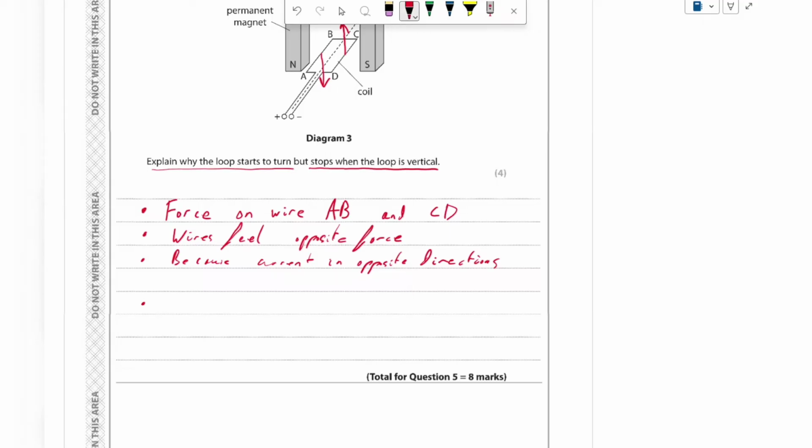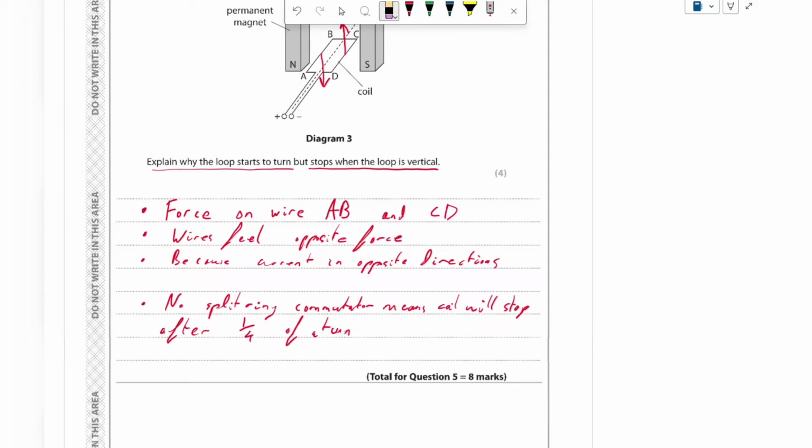So for the 4th and final mark, I'm going to say no split ring commutator means the coil will stop after a quarter of a turn. In other words, when BA gets to the bottom and CD gets to the top, it's going to stop.